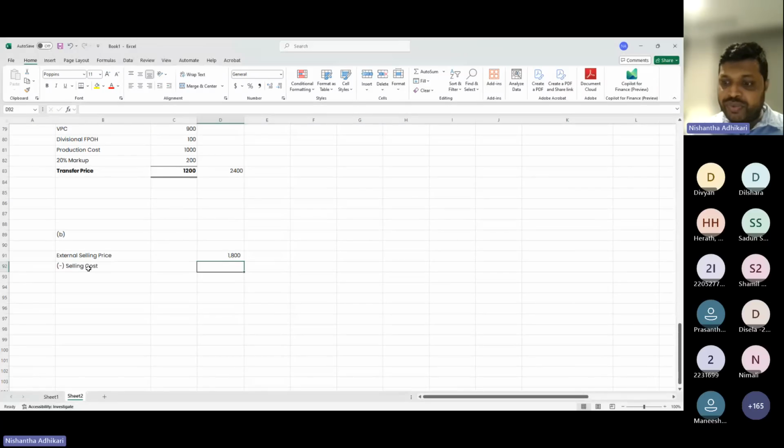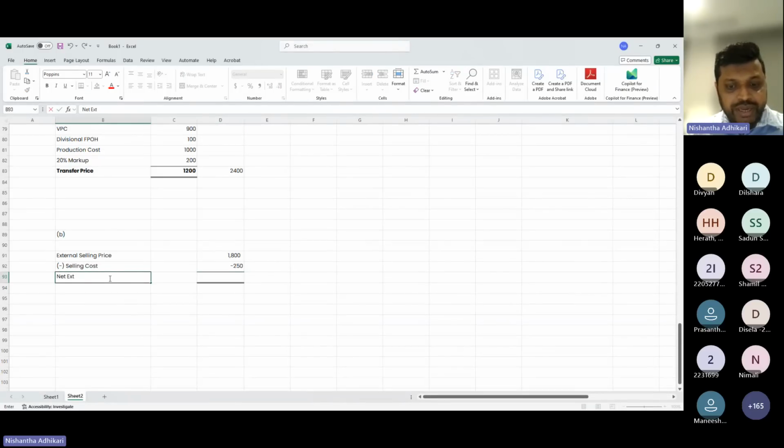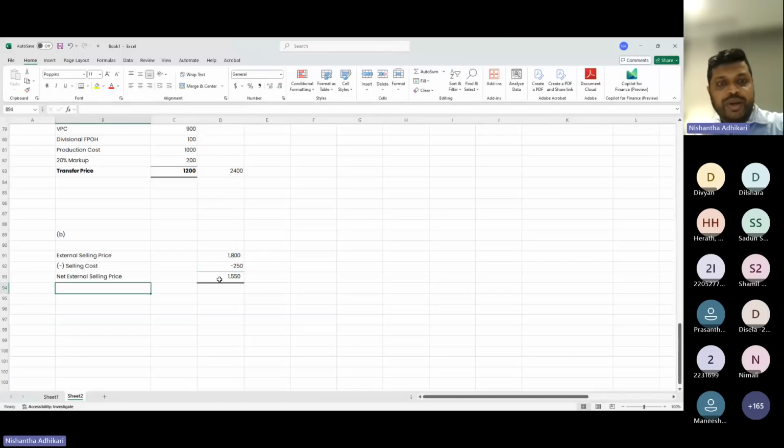Selling cost is 250. Then your net external selling price is 1,550. If you sell internally, you will get 1,200 only.